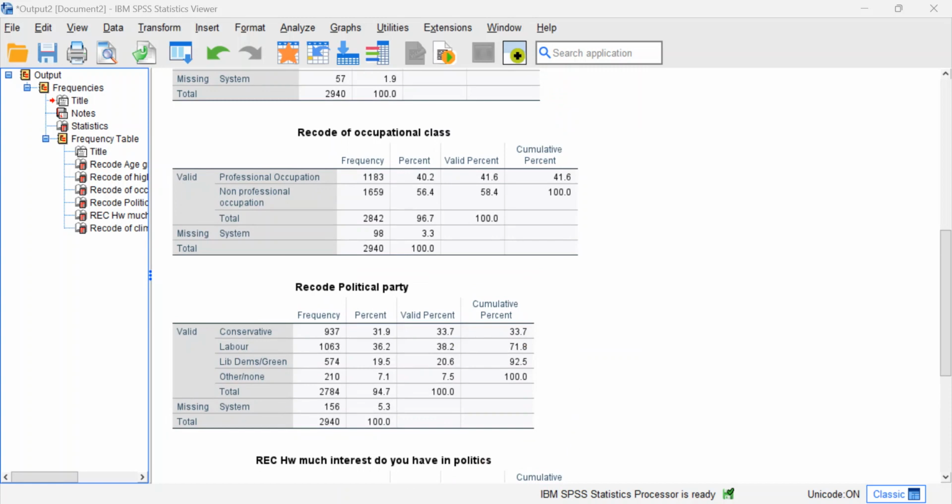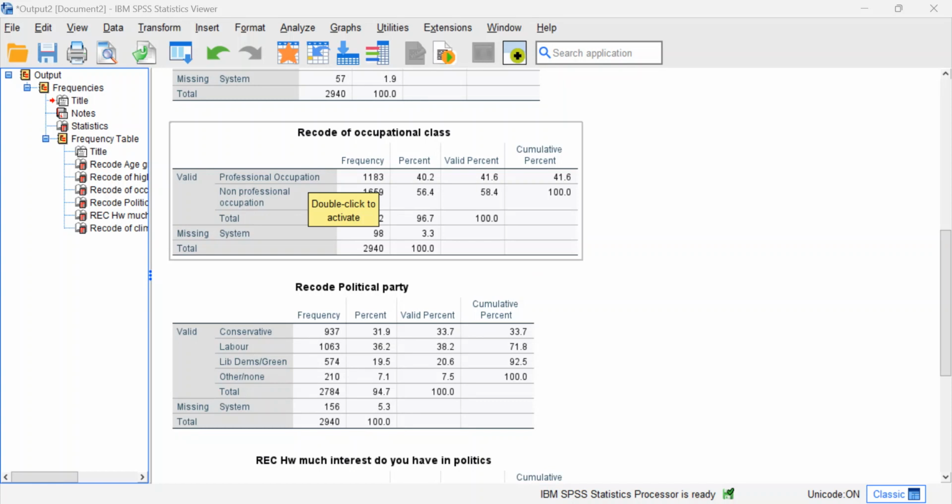I've recoded occupation. We have the variable on occupational classification, and I've recoded this into a binary variable. So I'm distinguishing between respondents who have a professional occupation and respondents, therefore, who don't have a professional occupation. They're working in either an intermediate, they're self-employed, or they're doing a skilled manual.